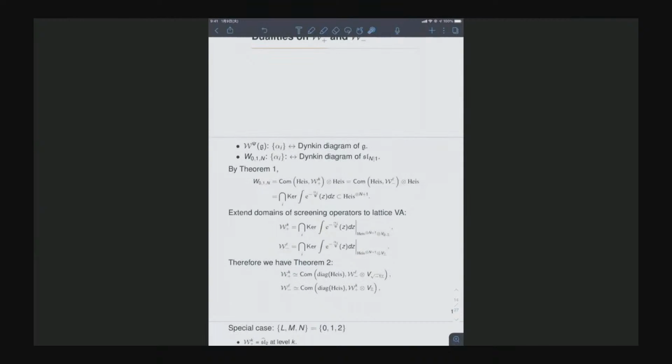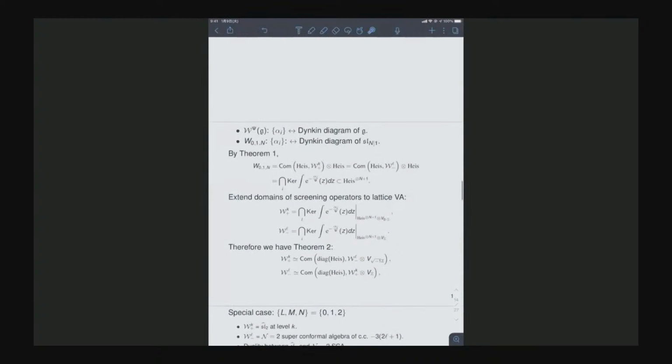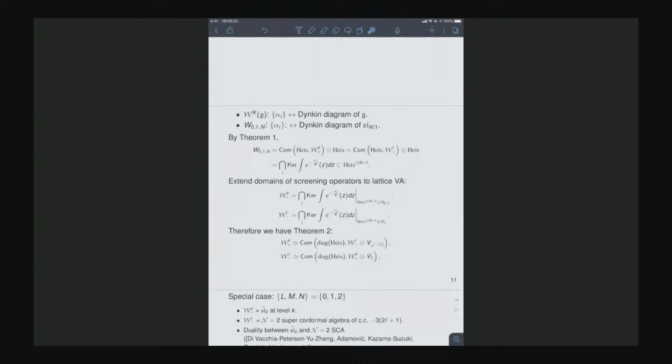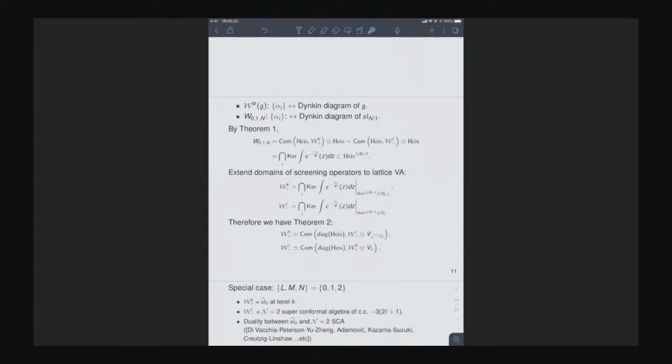But the screening operator is well defined in some extended domains. If we replace this extended domain with Heisenberg tensor some lattice, then the kernel of the screening operator gives W_+ itself. And if you replace this domain with Heisenberg tensor βZ, then the kernel of the screening operator is W_- itself.